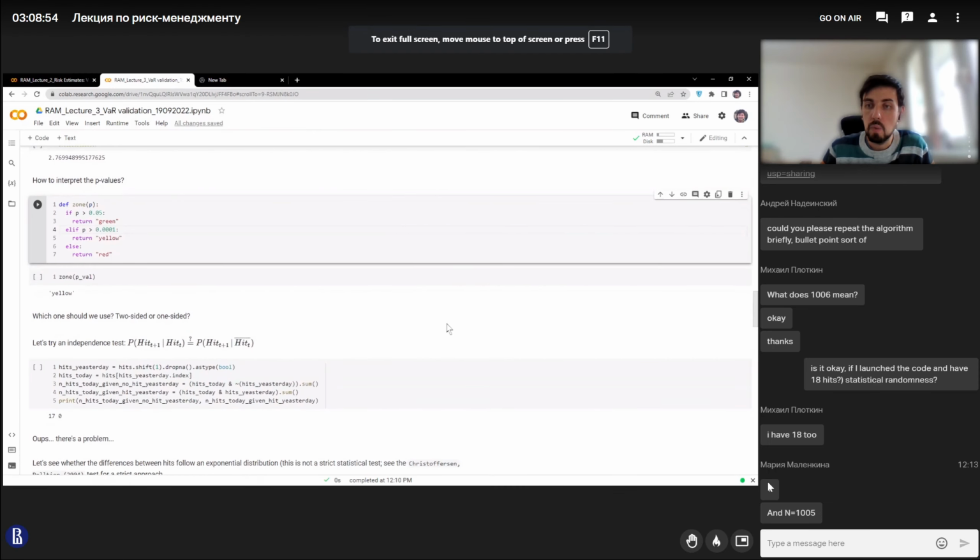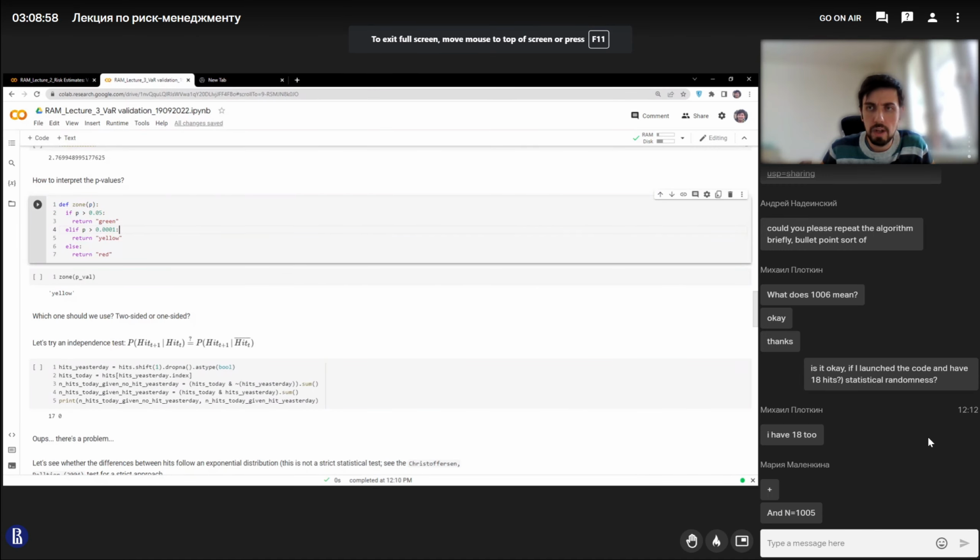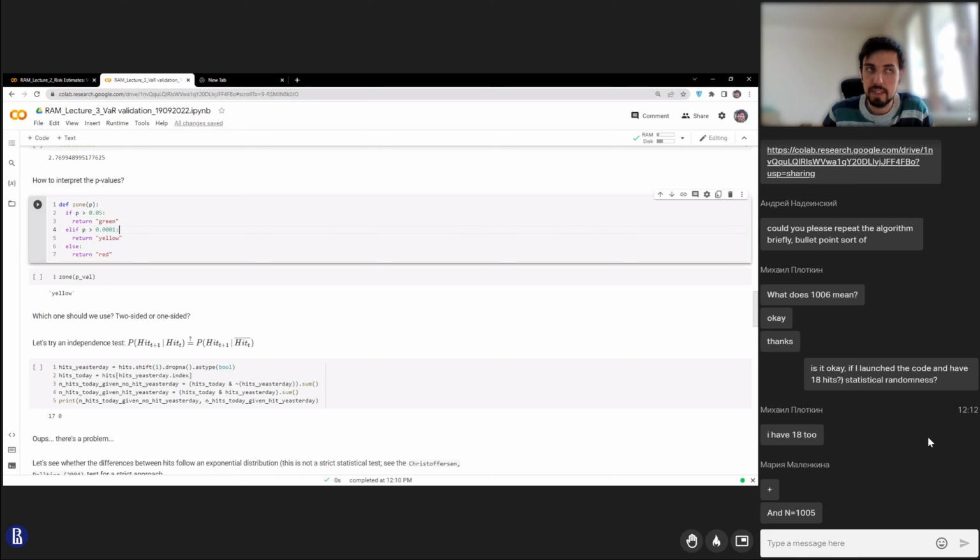Okay, one remark should be made here, a brief one, and then we're going to go for a break. This test is actually performed under the assumption that all the observations of hitting VaR and performance of the model are independent.